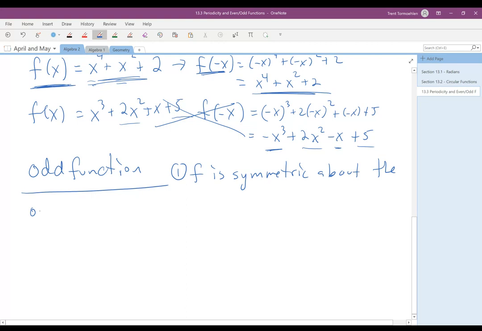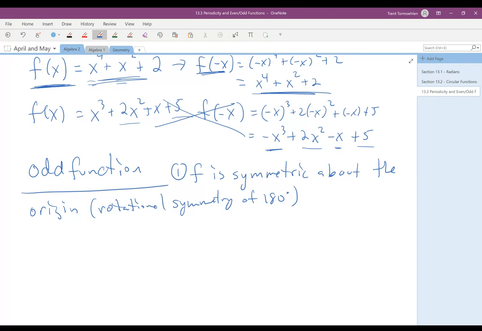What symmetric about the origin means is that it has rotational symmetry. If you rotate your graph 180 degrees, which basically means you take your piece of paper and turn it over so that the bottom becomes the top and the top becomes the bottom, the graph looks the same.